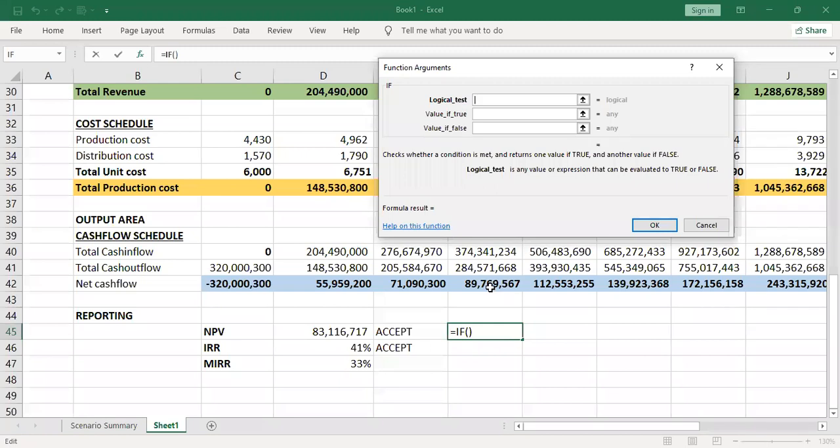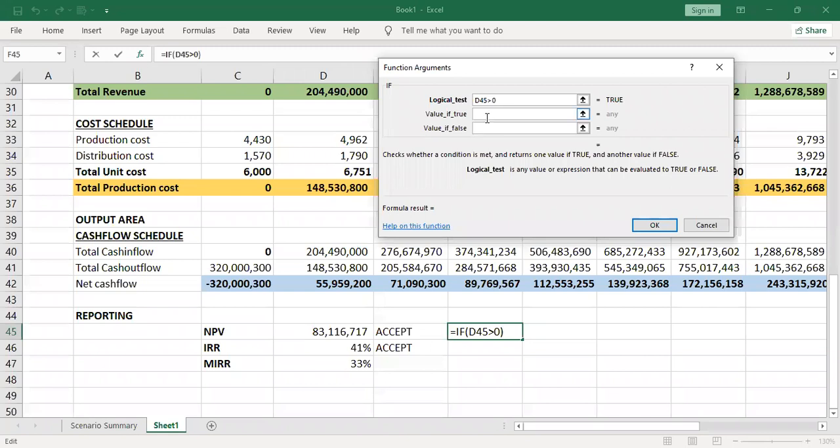Then logical test. You click on the NPV value. Then you type greater than, shift and the full stop, then greater than 0, you type 0.